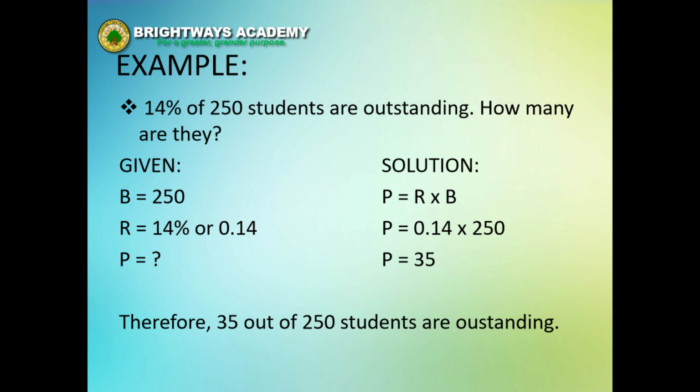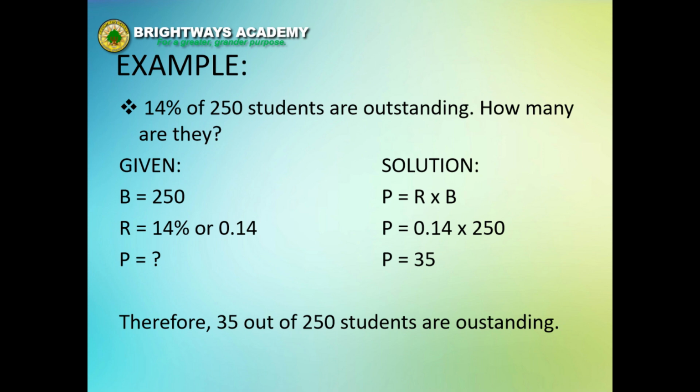When we are solving, first we need to find the given or the stated value. We have here the given, the base, and the rate. The base is 250 and the rate is 14% or 0.14 converted into decimal.